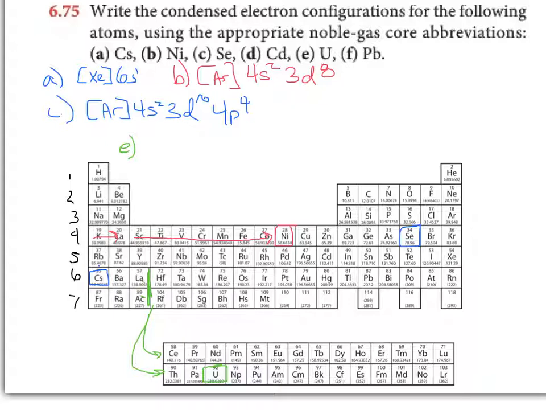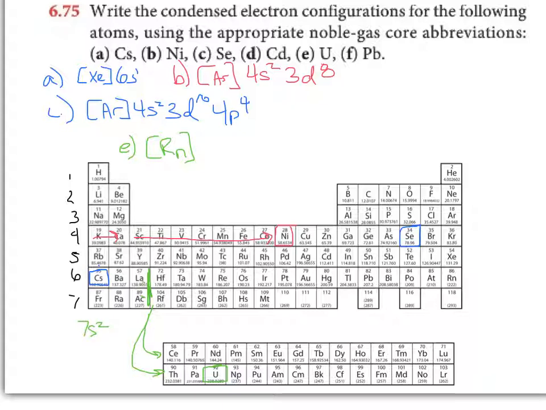So if uranium is number 92, what noble gas can I go back to for that? Radon. Yeah, I can go back to the noble gas with 86, which is radon. Okay, after radon, the next place I go is into the 7s. So radon's 86, 7s, that's francium. So I go into there 2 spaces, all right?